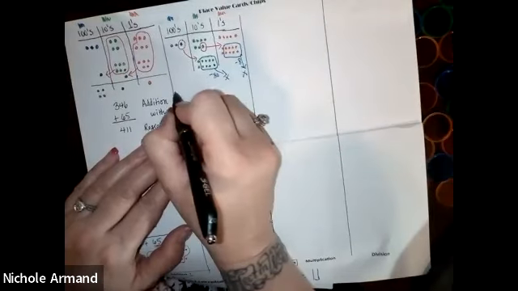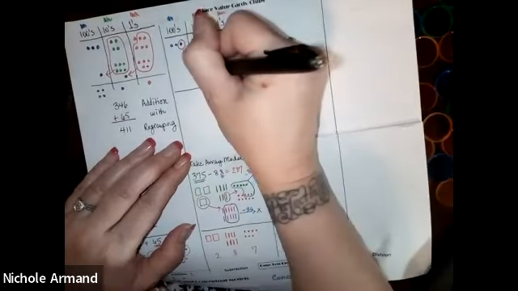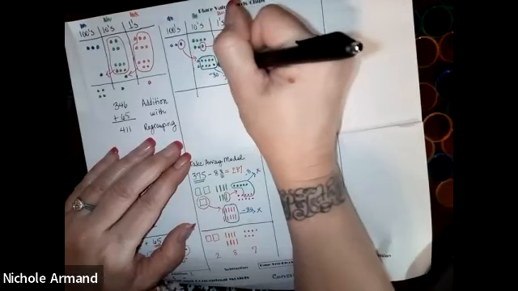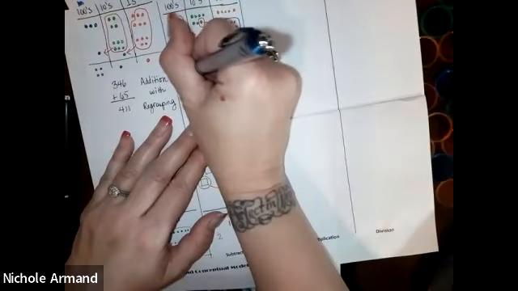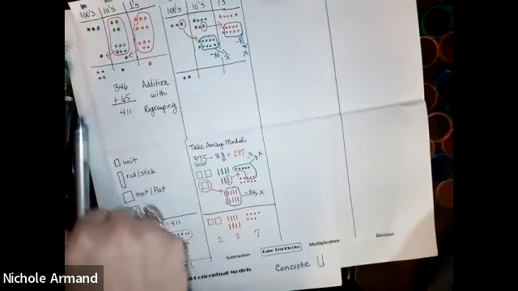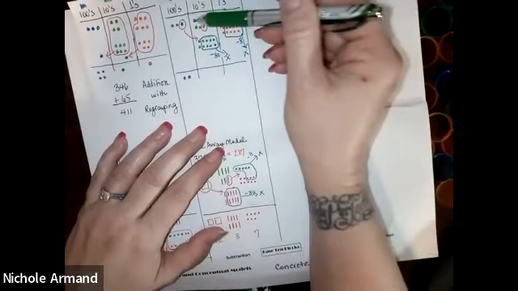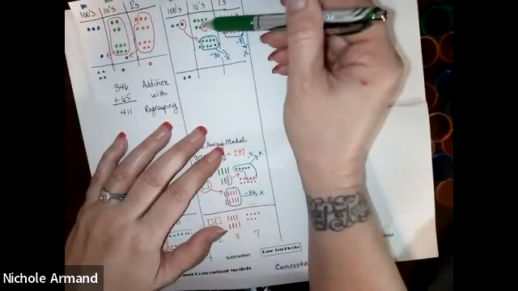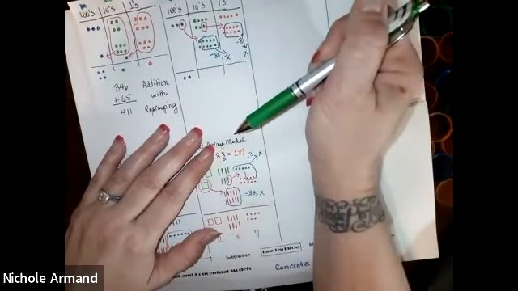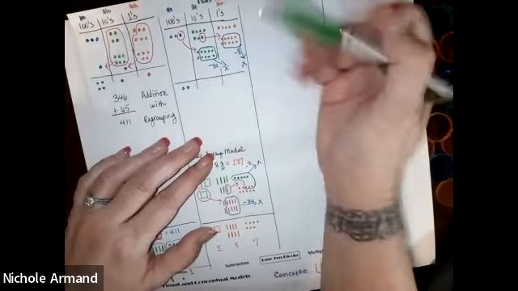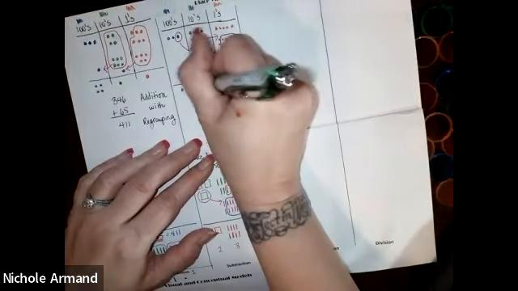And that's going to leave us with 2 blue chips. That's 200. 1, 2, 3, 4, 5, 6, 7, 8 green chips, which represents 80.